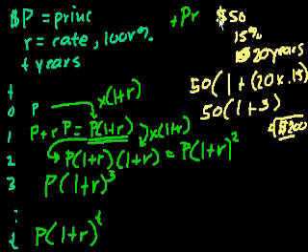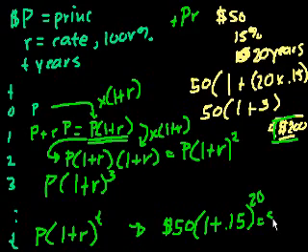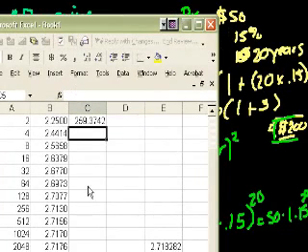And so let's see that same example. We owed $200 in this example with simple interest. Let's see what we owe in compound interest. The principal is $50, 1 plus the rate, 0.15, and we're borrowing it for 20 years. So this is equal to 50 times 1.15 to the 20th power. Let me use my Excel.